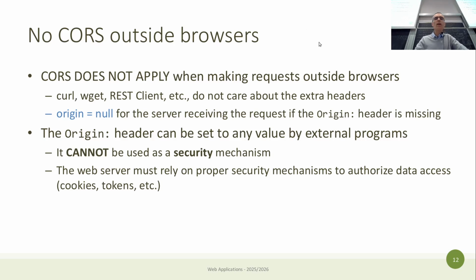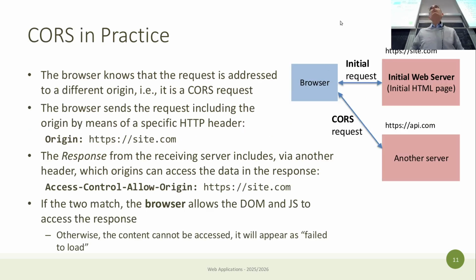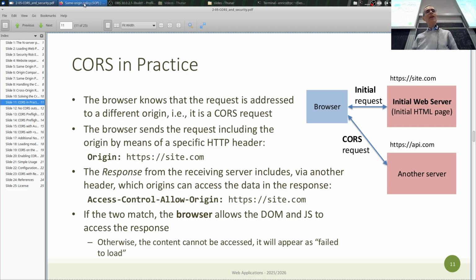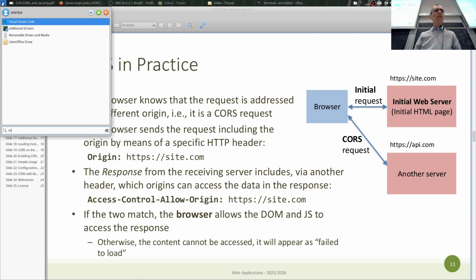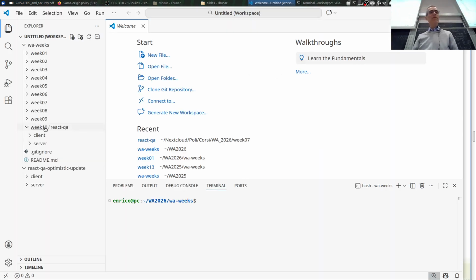Okay, let's see the example. I know it's a bit theoretical, but we can see the headers already working, okay? Because we already had to solve the problem. I told you, please trust me. We need to insert this couple of lines on the server.